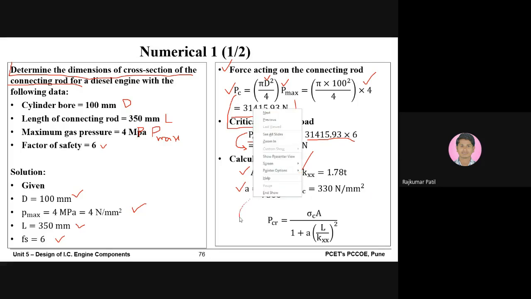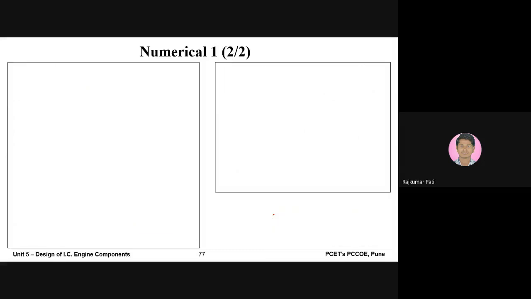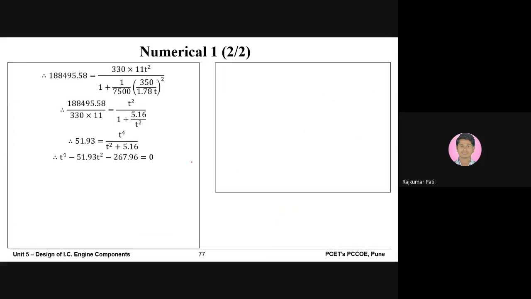Put all these values in the equation of PCR: A, sigma C, then KXX, a, and L is also given. Once you put all these values in the equation of PCR, you will get an equation in terms of thickness T. You can see we put all the values and only one unknown remains, that is T.